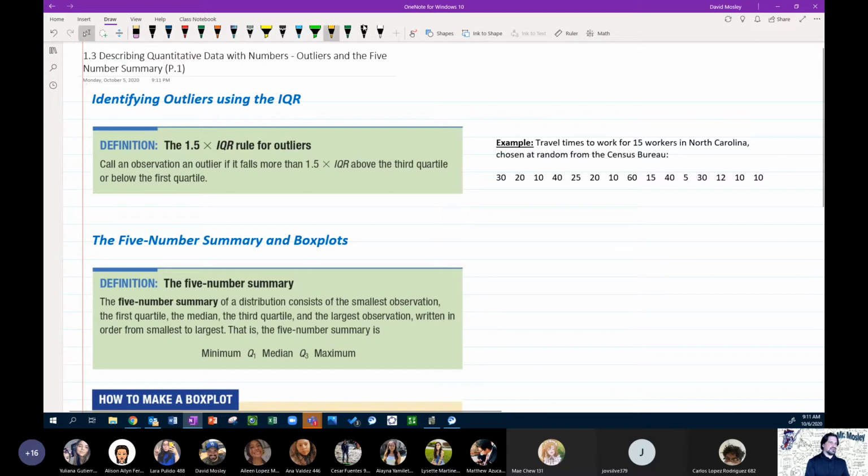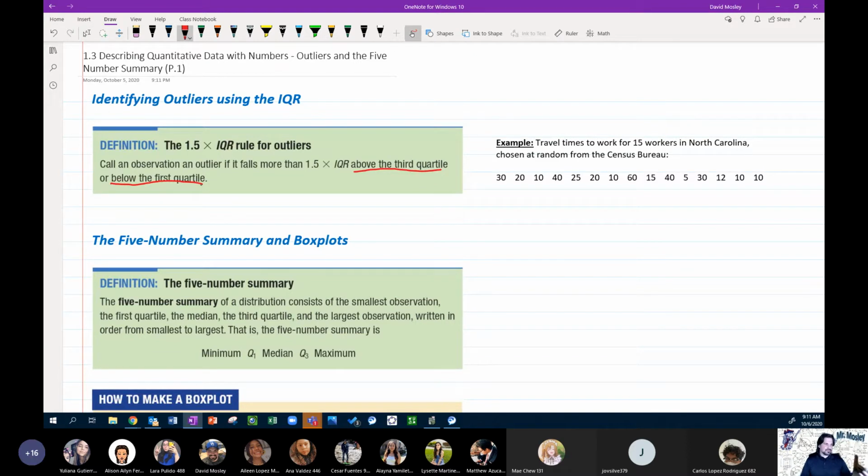Call an observation an outlier if it falls more than 1.5 times IQR above the 3rd quartile or below the 1st quartile. We'll look at this in a moment. So it's either past the 3rd quartile or below the 1st quartile by a certain distance.